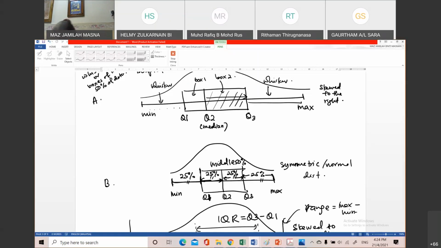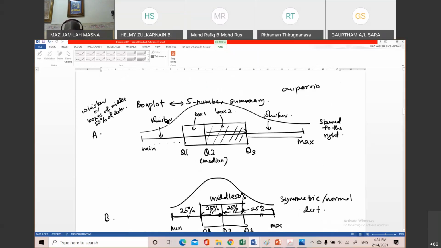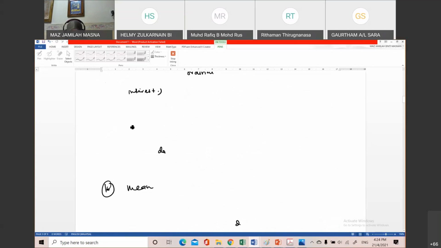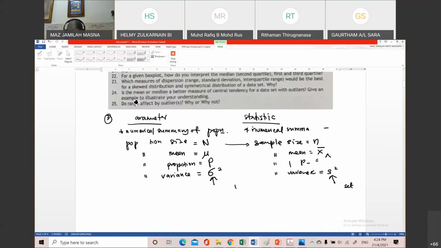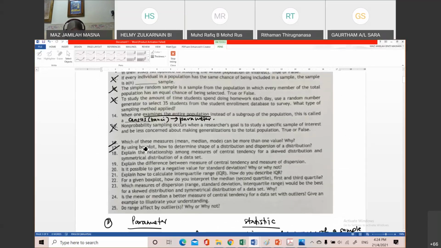Okay, next question is question number 18. Okay, number 18. Let us look at question 18. Explain the relationship among measure of central tendency for a skewed distribution and symmetrical distribution of a data set. Okay, so you are talking about measure of central tendency of a skewed and symmetric distribution.